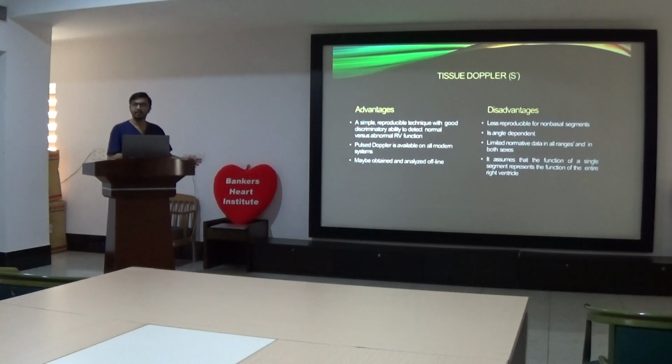It is angle dependent, like in tachycardia we cannot correctly place the angle, so it is not accurately measured. There is limited normal data in all ranges in both sexes. It assumes that the function of a single segment represents the function of the entire right ventricle. Basically, it gives the segmental function of the RV, not the entire RV.